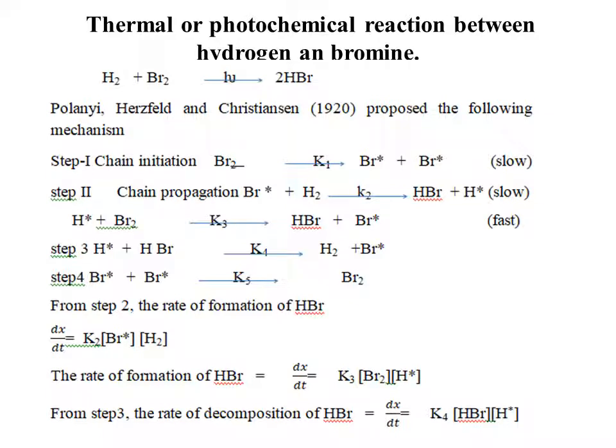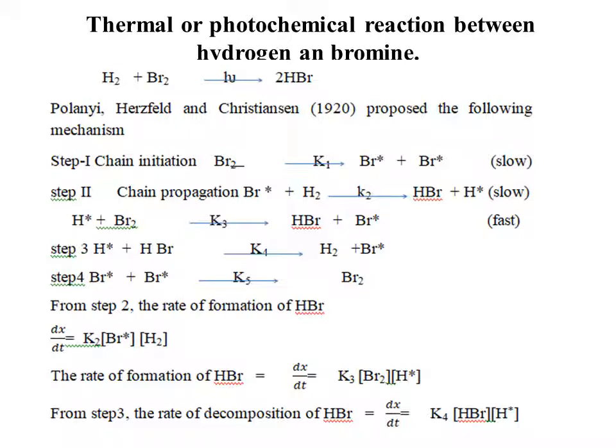The rate of formation of HBr, dx over dt, is equal to K3 into Br2 into H*.